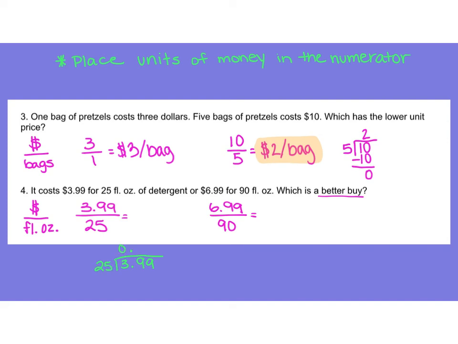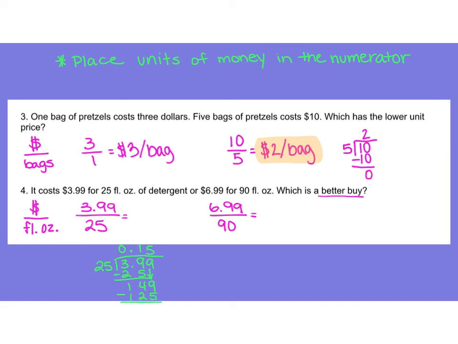25 cannot go into 3, but it can go into 39 one time. When we subtract, we would get 14. We'll bring down our 9. 25 can go into 149 5 times. 25 times 5 is 125.